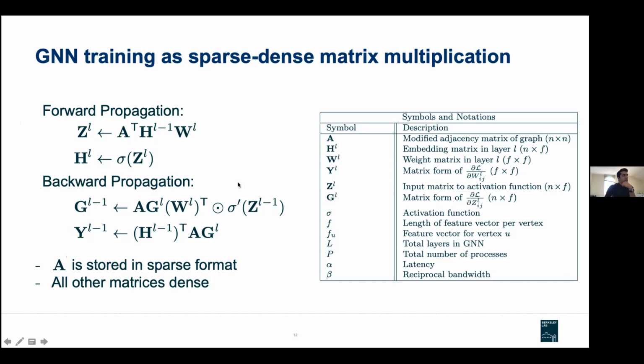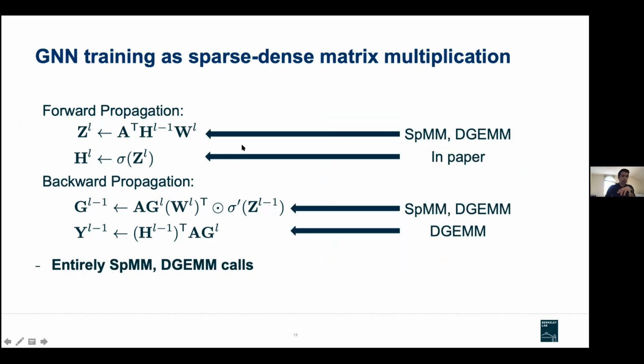When we take a deeper look at these matrix multiplications, we see that we're not actually using a diverse set. We're using essentially two different matrix operations. We're using SPMMs, which are sparse times dense matrix multiplications. This is just a short way to represent that, SPMM. And then also DGEMM, which is dense matrix multiplication, exactly what you implemented in homework 1.